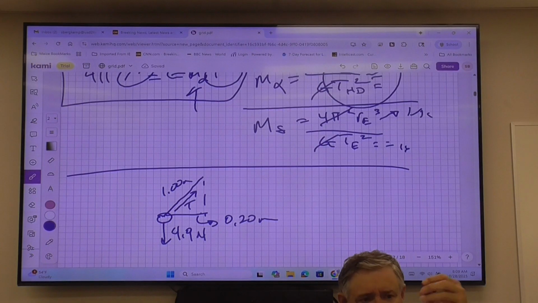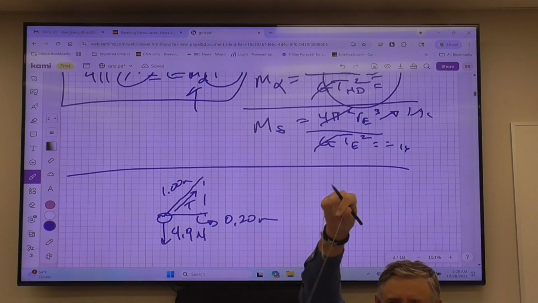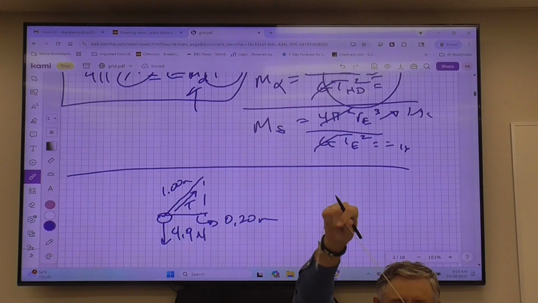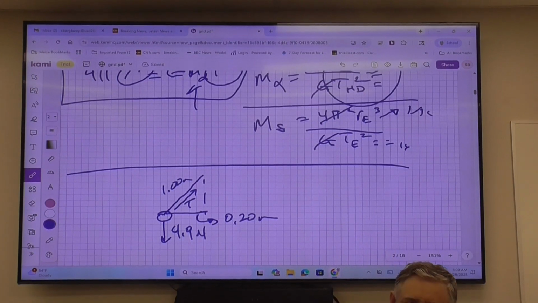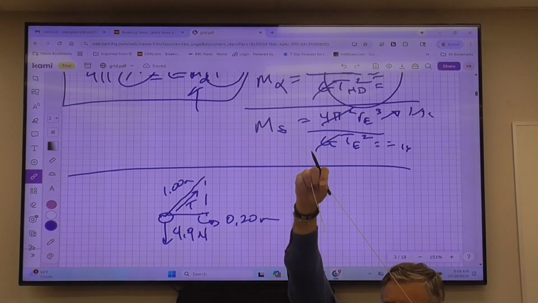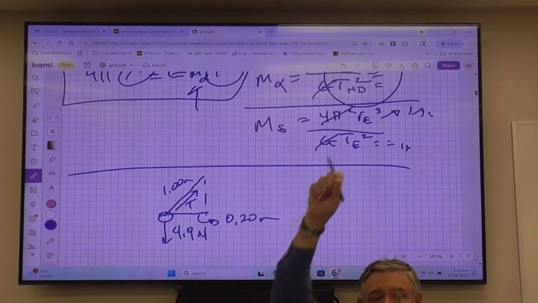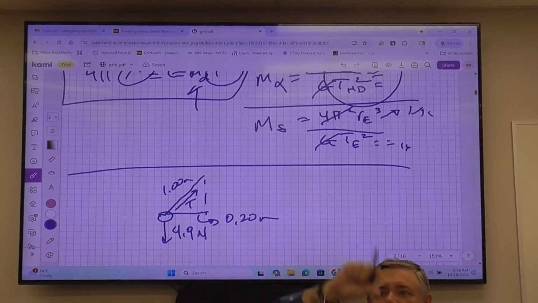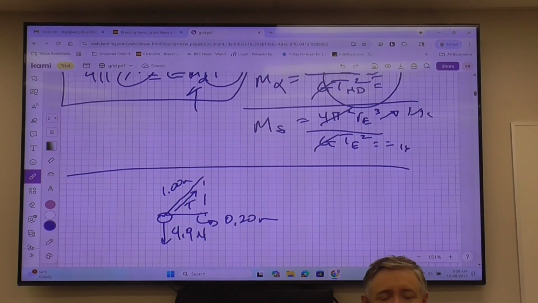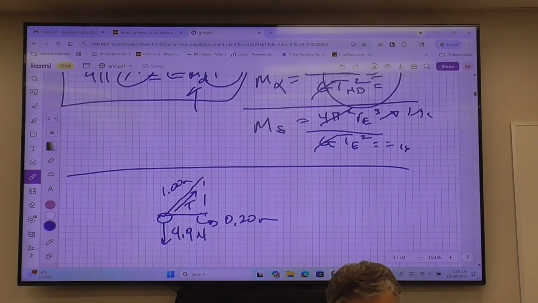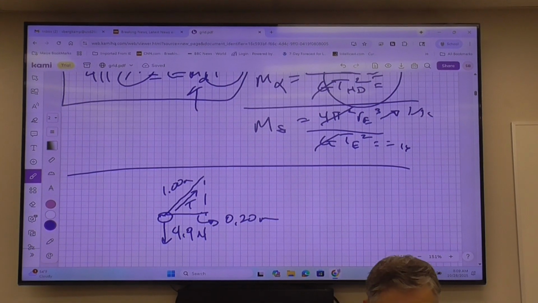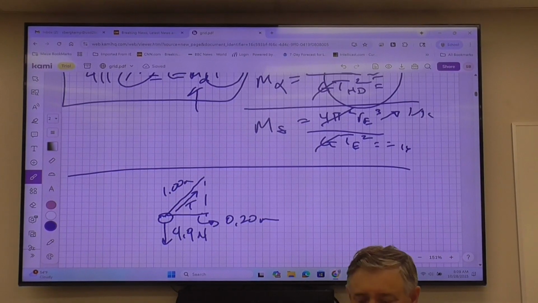As this thing goes around in this circle, there are only 2 forces: gravity trying to pull it down, and the tension in the string. That's it. Nothing else. But there are components of the tension that we use to figure out what's actually going on.